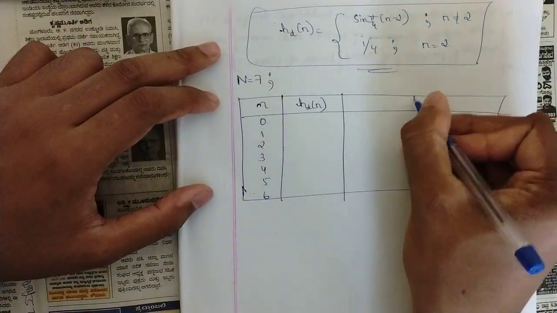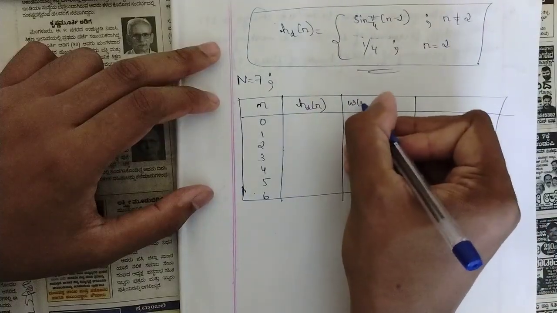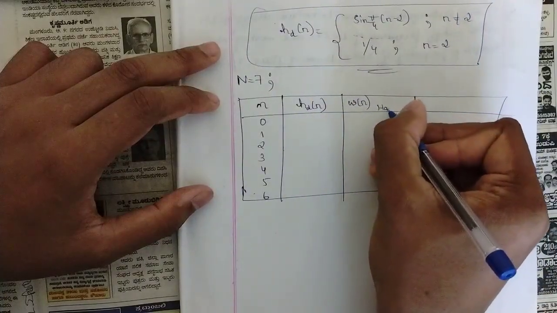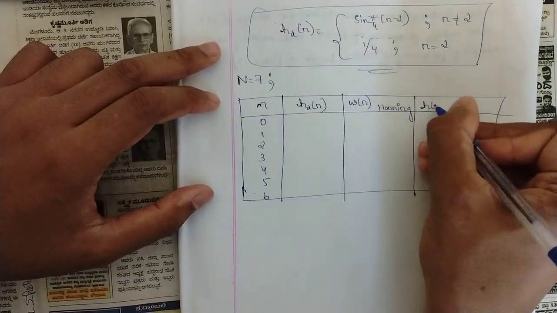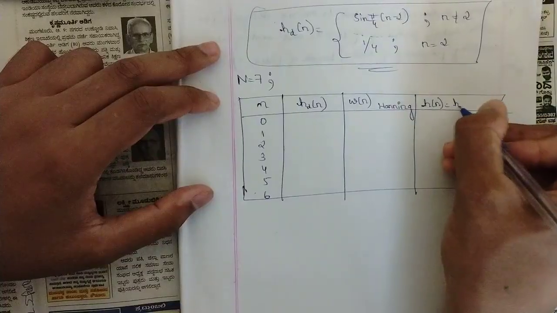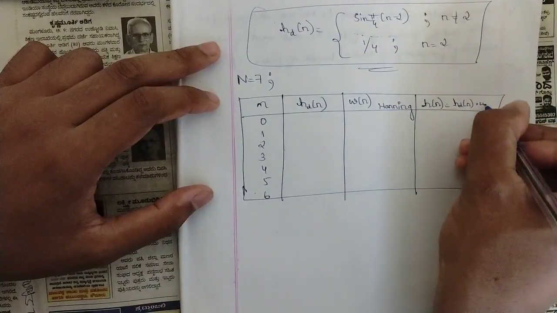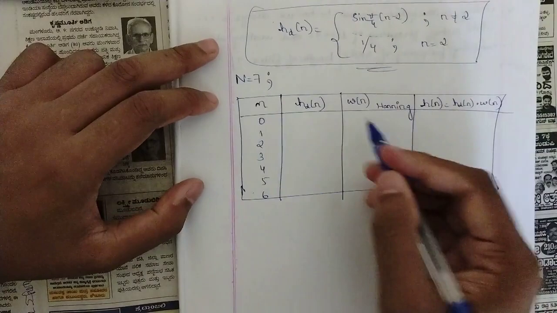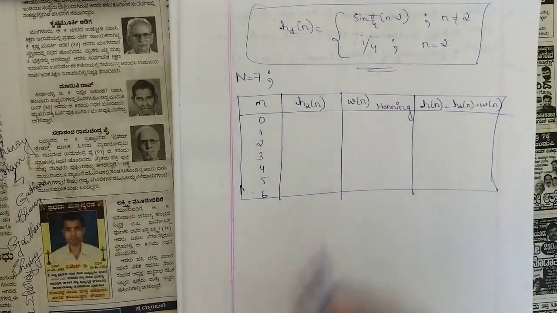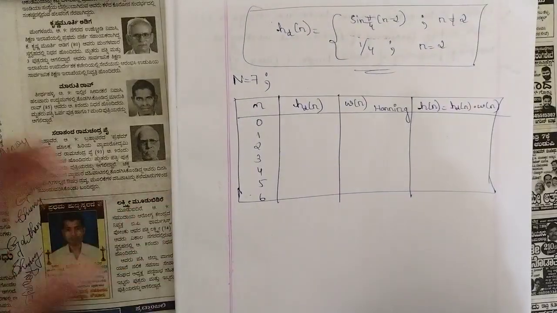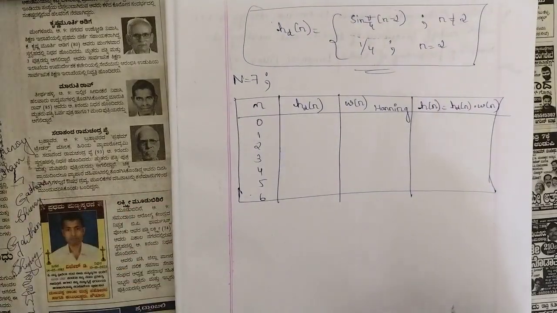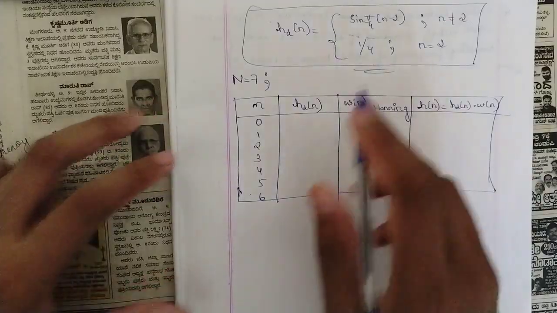Next is omega n, but here now you should be using the Hanning window, right? We have one slight change here that I am going to tell you now. Finally, the value of h of n, that is hd of n into omega n, that you should be multiplying here. In this case it is not 1 because for Hanning window we have a different definition, right? But before that, let us find the values of hd of n now.